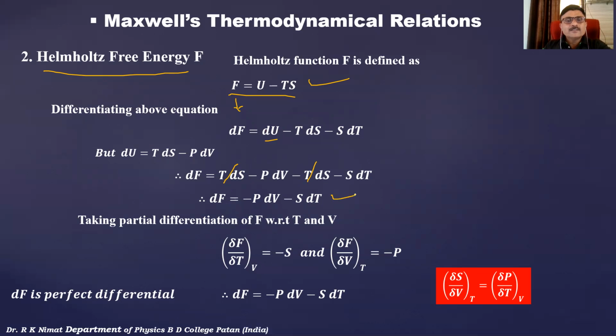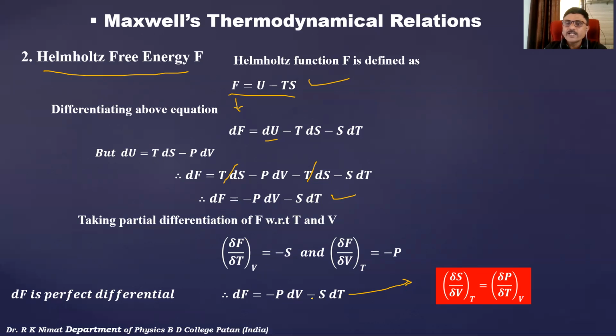You will get dF is equal to minus P dV minus S dT. So this is again in the form of dz is equal to M dx plus N dy. If you differentiate this partially with respect to T and V, you will get delta F by delta T is equal to minus S at constant V, and delta F by delta V at constant T is equal to minus P. Since this is a perfect differential equation, using the condition of dz is equal to M dx plus N dy, you can directly write this equation.